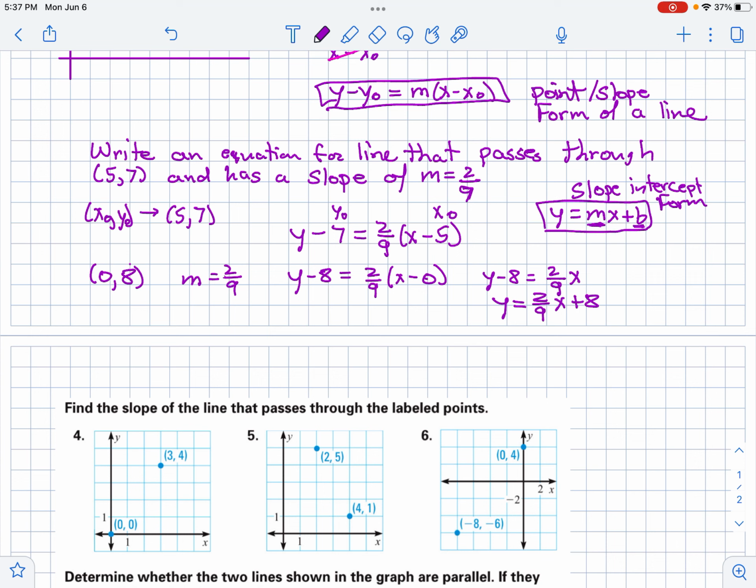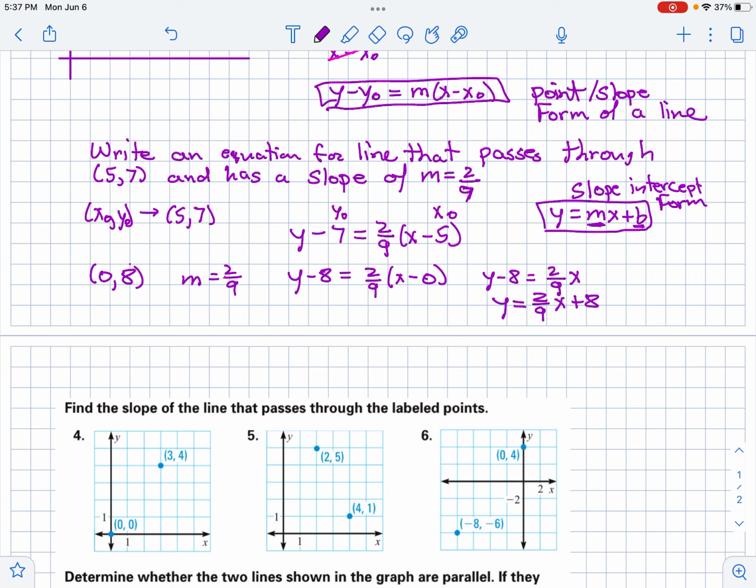Okay? Now, let's suppose I want to write an equation for a line parallel to this thing that passes through, let's say, negative 4, 5.